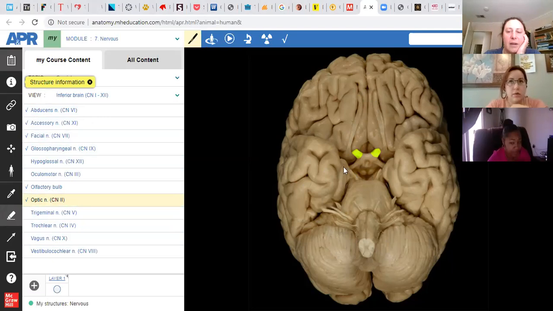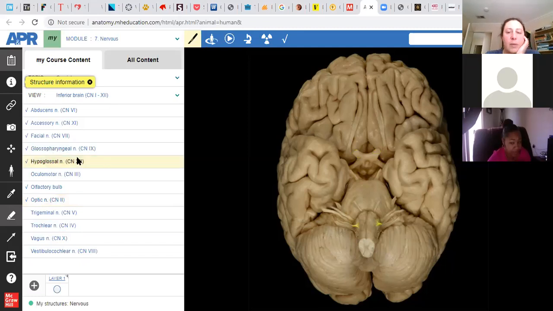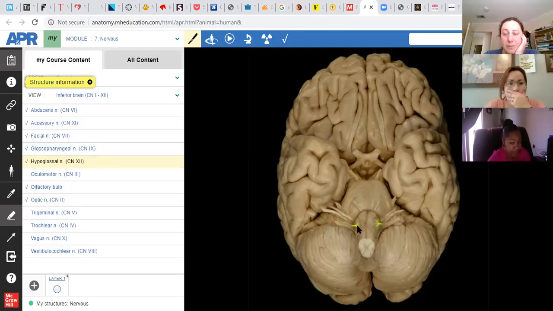And then we have other pairs coming off down here, all the way down to, where'd you go? These are in alphabetical order, which is not what I'm used to. These guys, which are the hypoglossal nerves, control your ability to move your tongue.